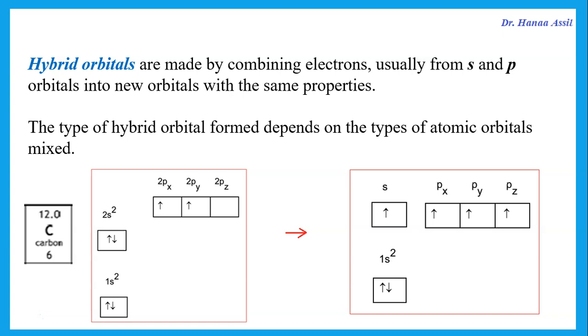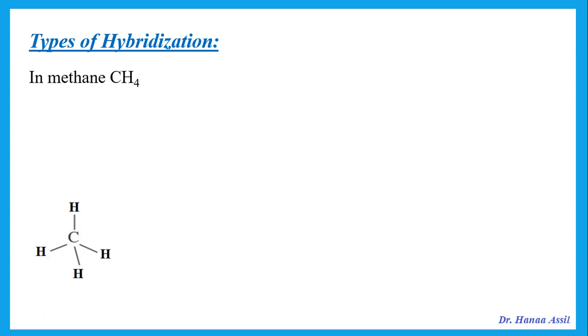So the type of hybrid orbital that is formed will depend on the type of atomic orbitals that are mixed. Am I going to take the s and the 3p's, or the s and 1 of the p's, or the s and 2 of the p orbitals, and so on? These are all types of hybrid orbitals.